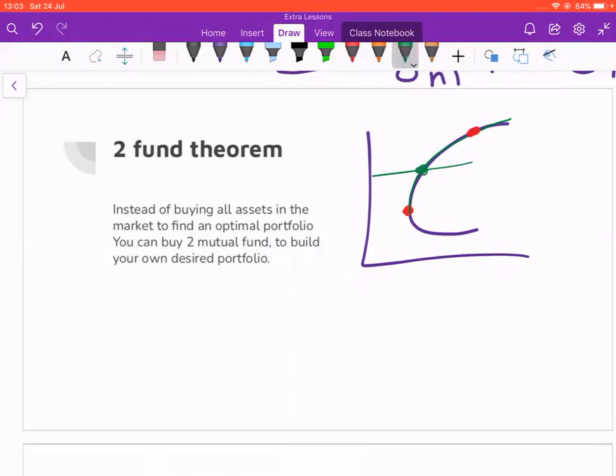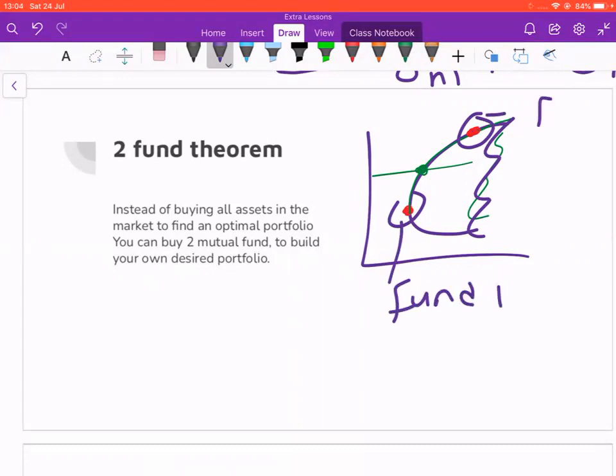So instead of buying all these assets, you can just buy these two funds. So let's say maybe this one is fund 1, this is fund 2. So you can just basically buy fund 1 and fund 2, and then you can find your returns.